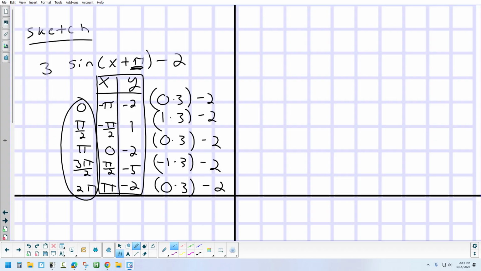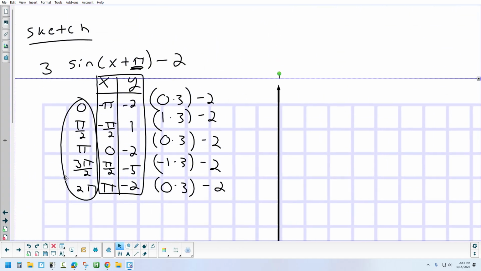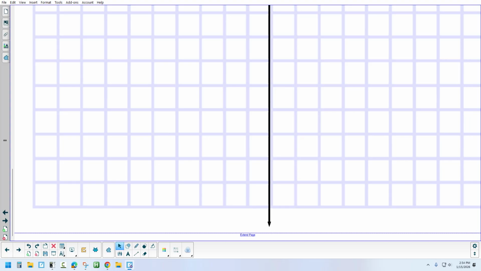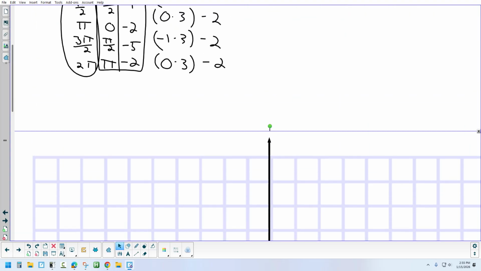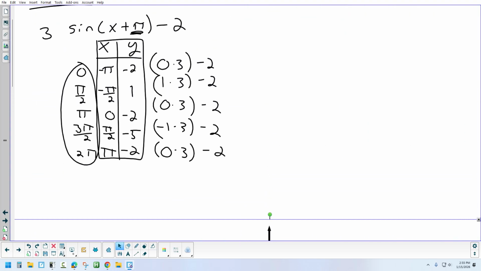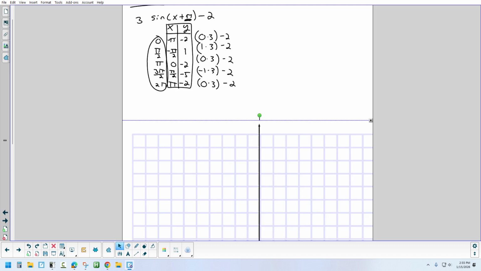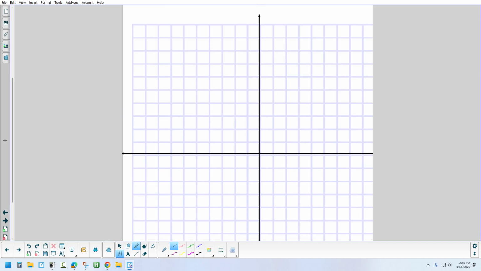Now we need to graph it. What I'm going to do is move this down so I have more space. Okay, so we need 2 x values that are in the negatives, so negative pi over 2. The axis is at 0.